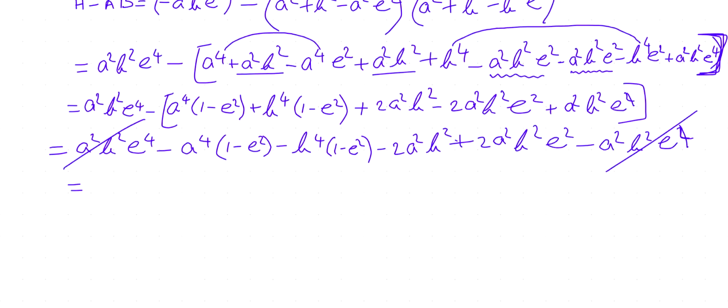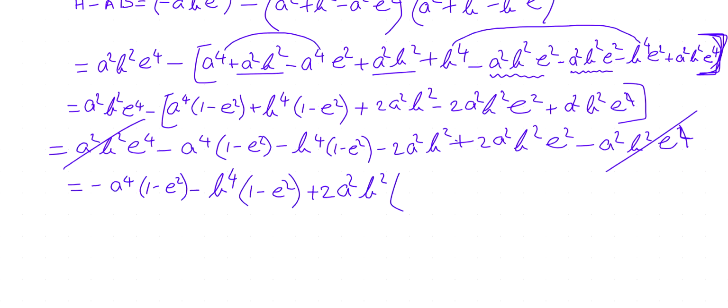Now, so it is coming minus. Okay, take minus first, right? Minus A to the power 4 times 1 minus A square minus B to the power 4 times 1 minus A square, and then take plus 2A square B square common, it will come E square minus 1.